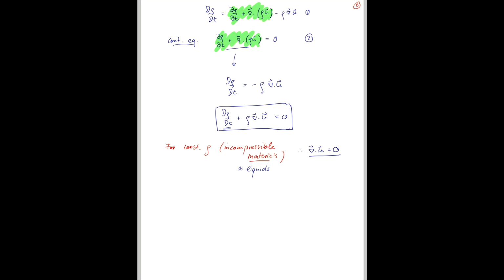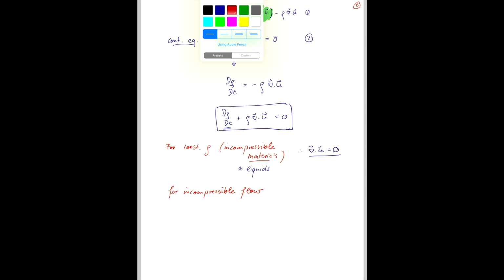Now, for incompressible flow, which is a little less restrictive, we just say that the density doesn't really change in the volume element that we're interested in.